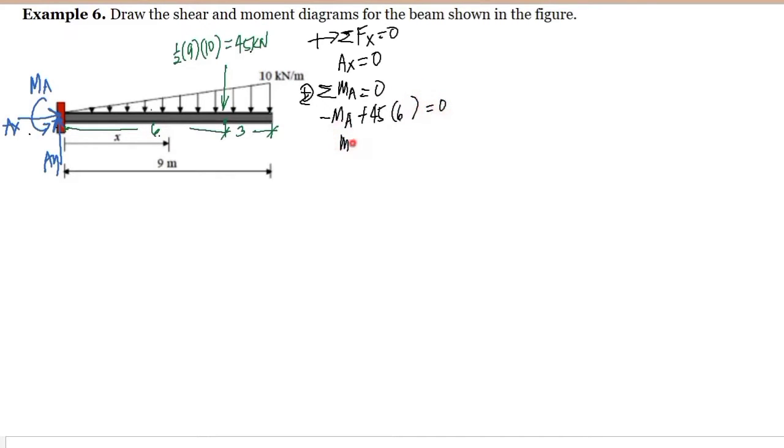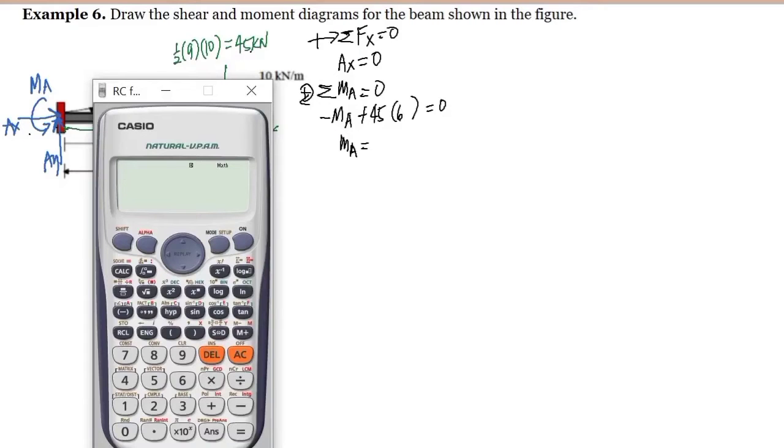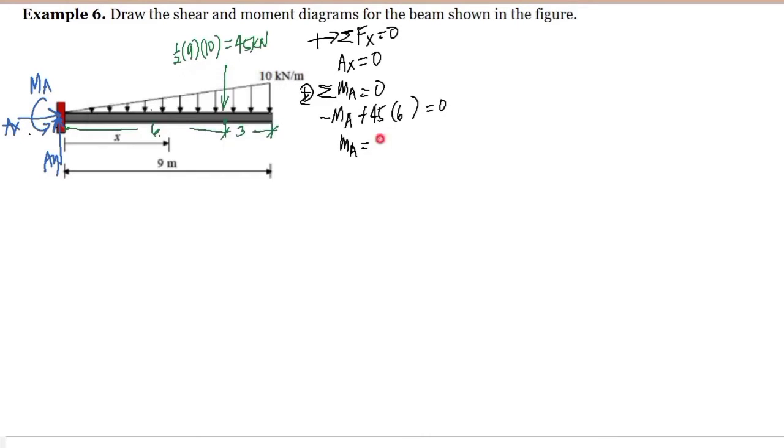So computing for the value of the moment at A, this is equal to 45 times 6, and we have here 270 kilonewton meter. So since we have a positive answer, meaning the assumption that the moment at A is directed counterclockwise is correct. So meaning this is directed counterclockwise.